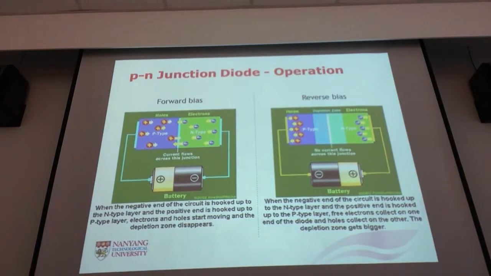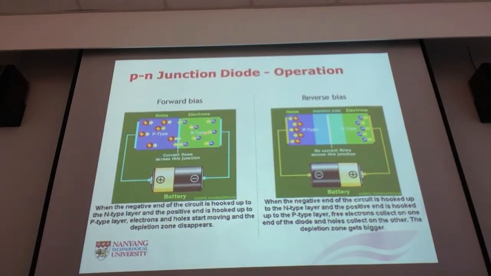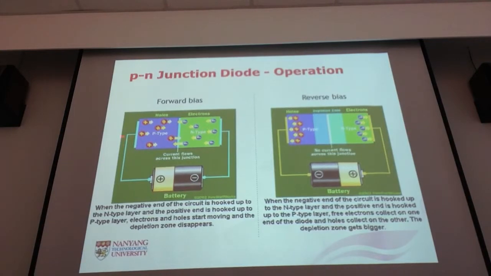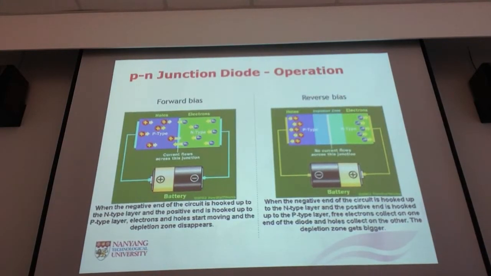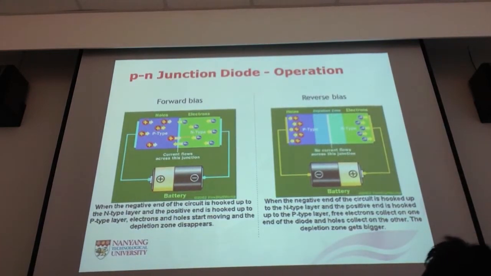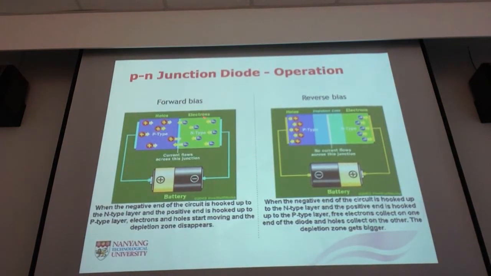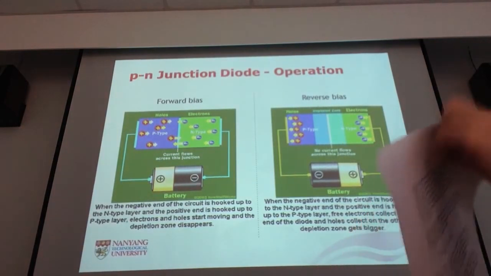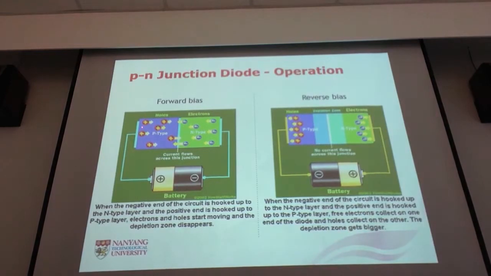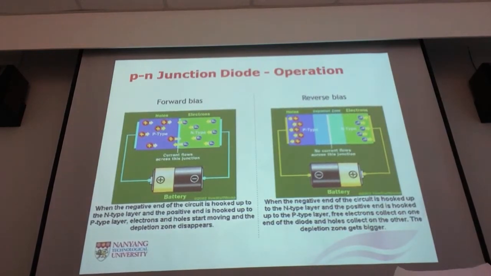By doing this, we can see that the electrons will be attracted by the presence of this positive end, and vice versa, the holes will be attracted here. So in this case, we can say that the barrier here is lowered. The depletion zone kind of shrinks, which means diffusion can continue.